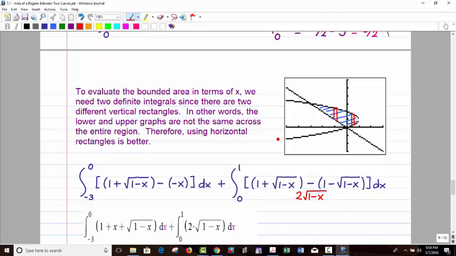Somebody asked, suppose we did that and you wanted to do it as y in terms of x, instead of x in terms of y? Well, this is also kind of a little bit messy, because for this particular region of integration, if you're looking at it the way we normally do with vertical rectangles, the upper curve all the way to this end is the same thing.